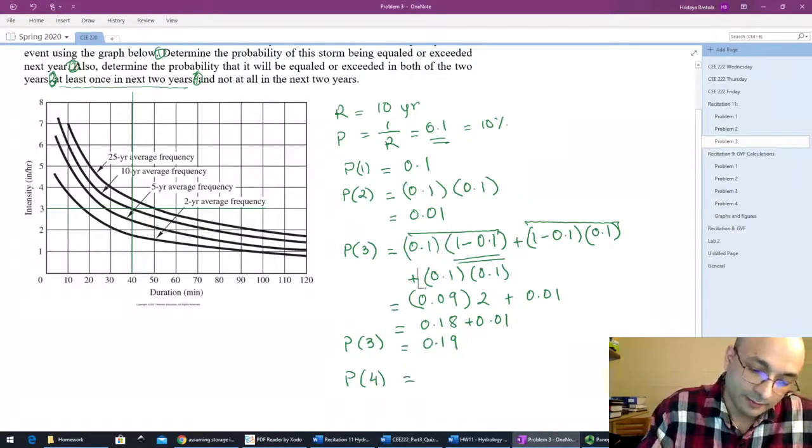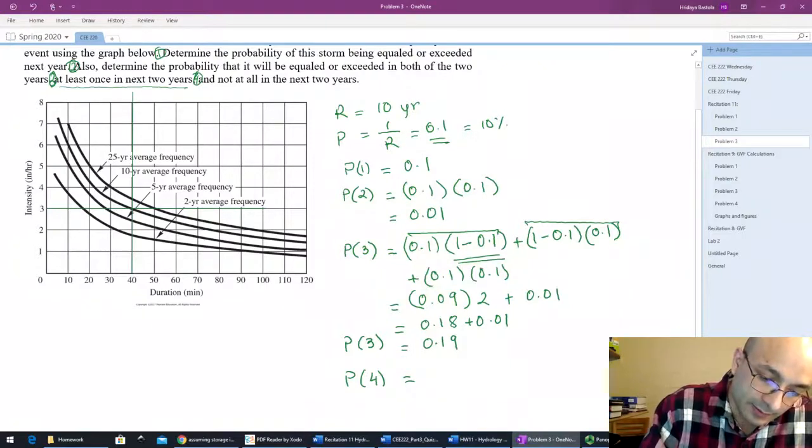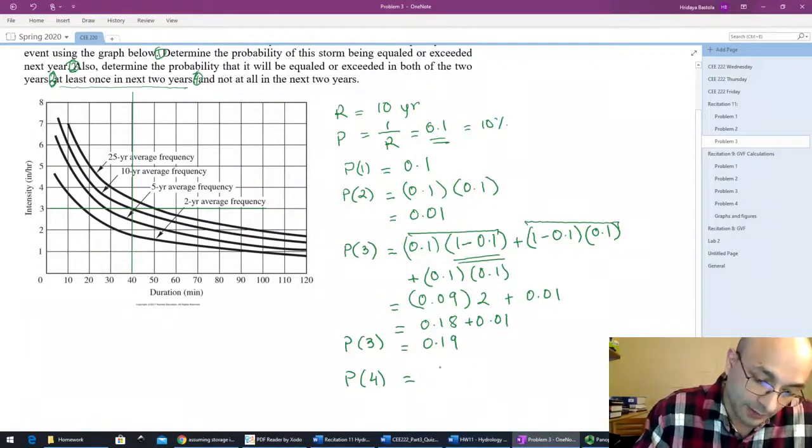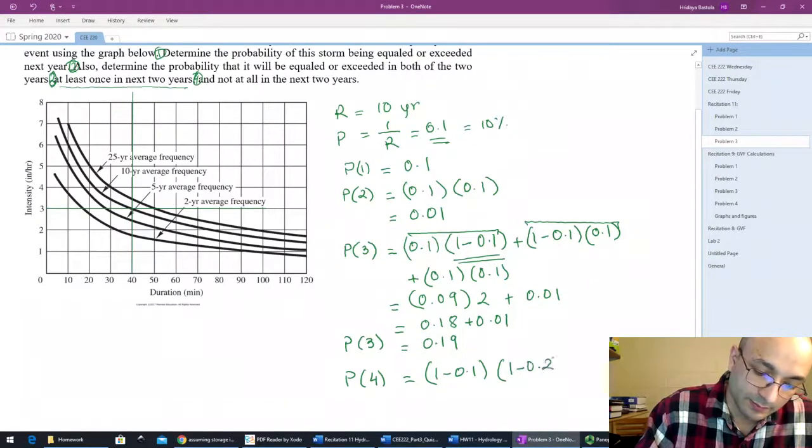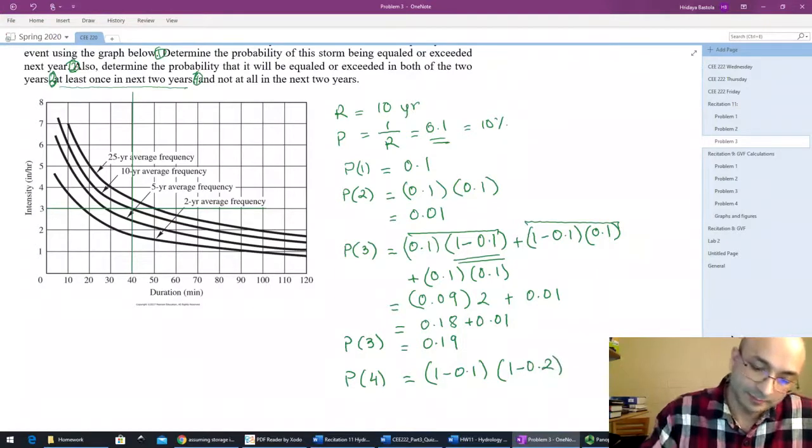So the probability of that not occurring in the first year, so 1 minus 0.1, and not occurring in the second year.